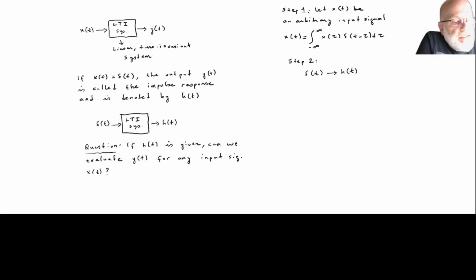So in our system, if the input signal is an impulse, the output is the impulse response. And at the same time, we know that delta of t minus tau will give us h of t minus tau.